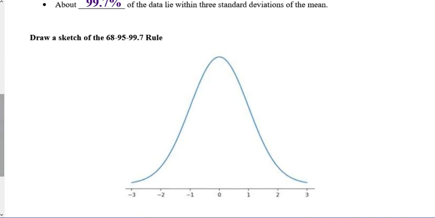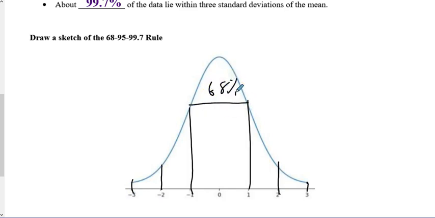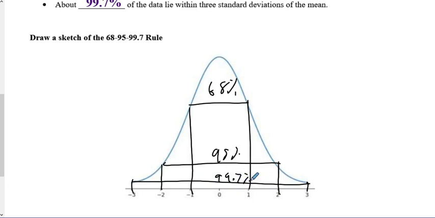So what that means is, I'm going to put my lines in here, attempted lines. Between these two numbers, 68% of the population lies. Between plus and minus 2, 95% of the population lies. And between 3 and -3, 99.7% of the population lies.